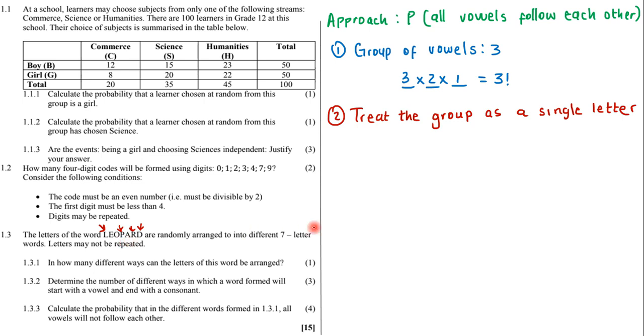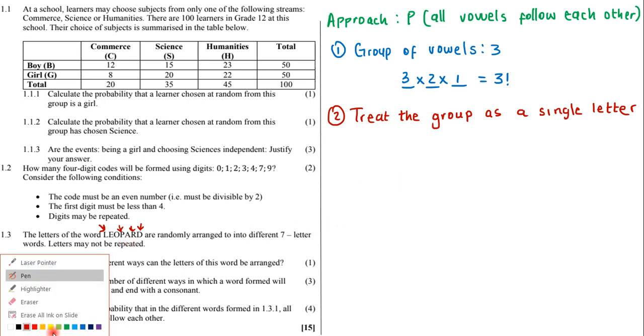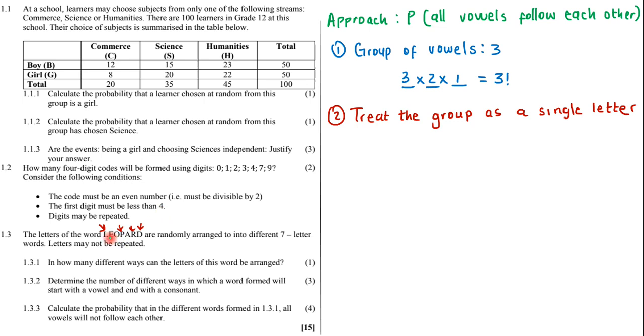So how will this look? Just to give you an idea, let's say we're choosing E O A as our order of writing the vowels.